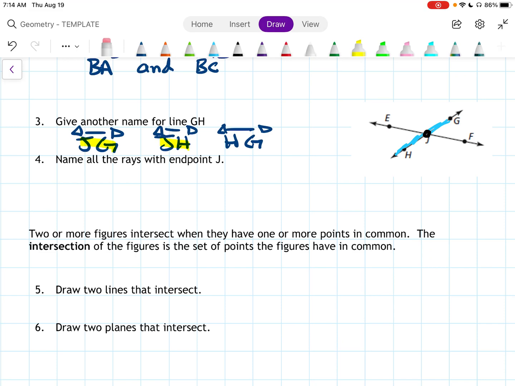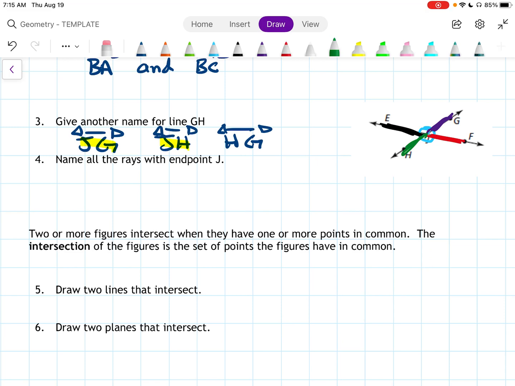All right, next up, number 4. Name all the rays with endpoint J. So we're talking about starting off at J, how many rays are there coming out of it? Think about it as if you're standing at a street intersection. How many different ways could you go? We could go this way, this way, this way, or this way.